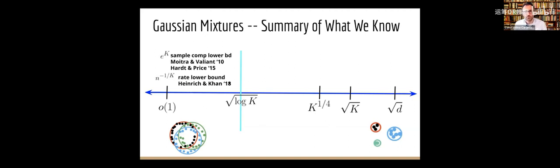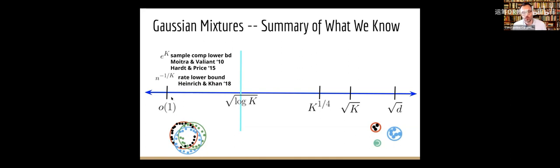And so from about 5 and 10 years ago, there were some negative results in the setting where we have very low separation, order 1 separation. In 2010, Moitra and Valiant, and also in very related work, Hardt and Price in 2015, showed that in terms of sample complexity, we really can't avoid this exponential explosion in K when the separation is low, in this order 1 regime.